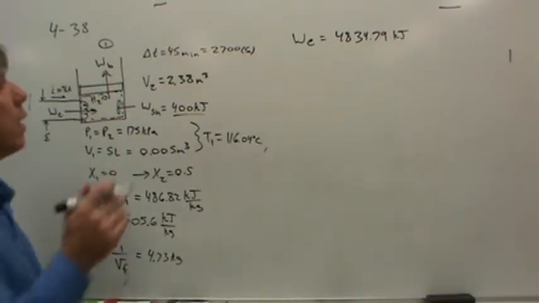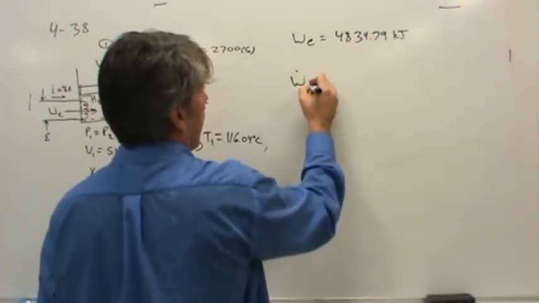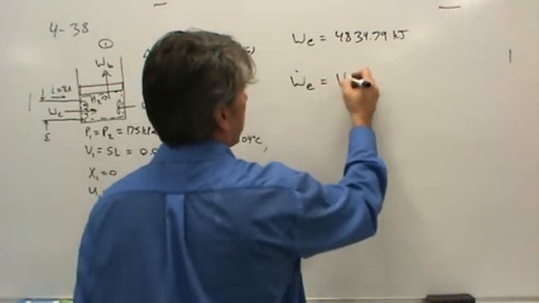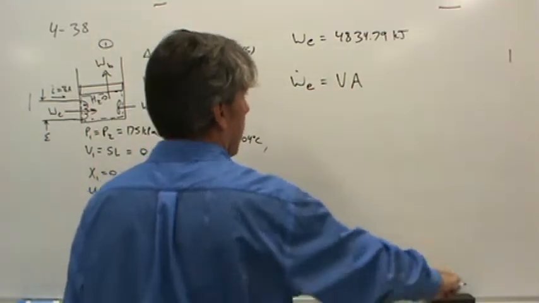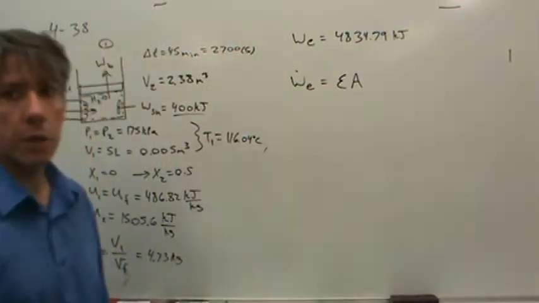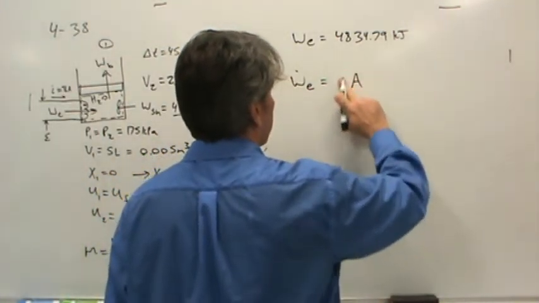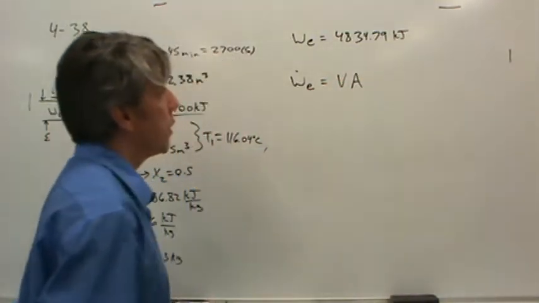So I start setting it up and just figure it out. So the electrical power would be volts times amps. Electrical engineers use a symbol for potential, and they always measure it in volts. It doesn't matter. Let's just use volts times amps.